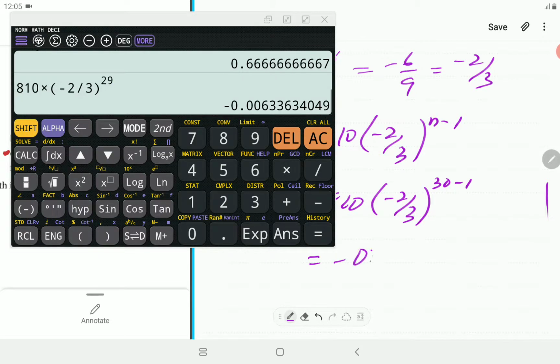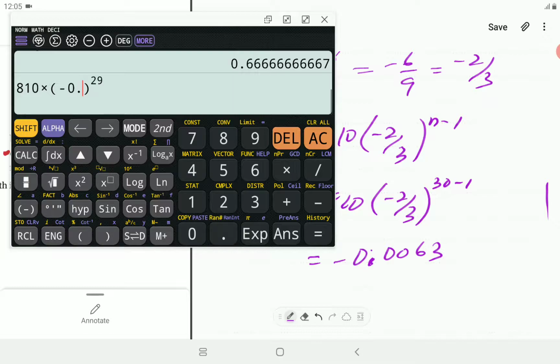Okay, so that's going to be negative 0.00. Just going to do two significant figures here, so it's going to be 63.